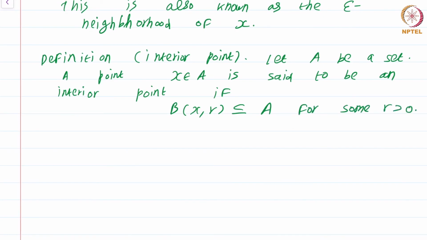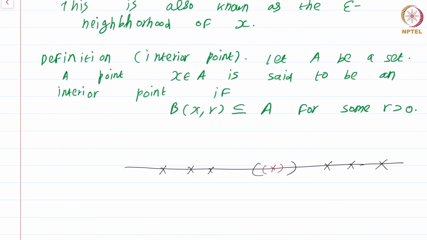So the best way to illustrate this is, of course, by a picture. You have a set A on the real line. Let's say there are these finitely many points and there is this open interval and there are some more finitely many points. Okay, if you choose a point inside here, then I can of course find an open interval around this point which is fully contained in the set.